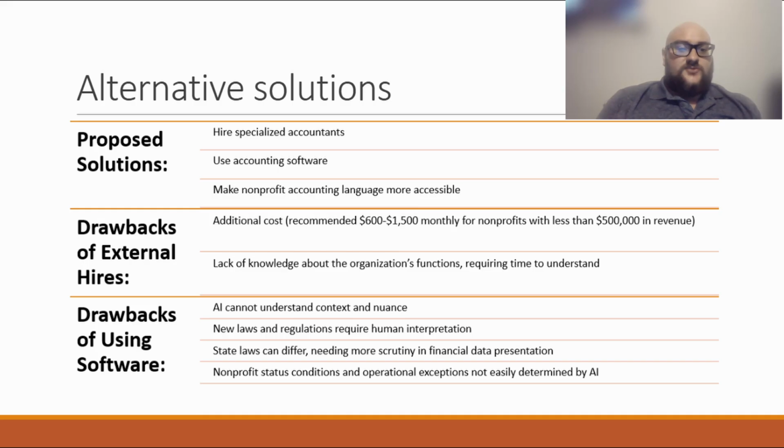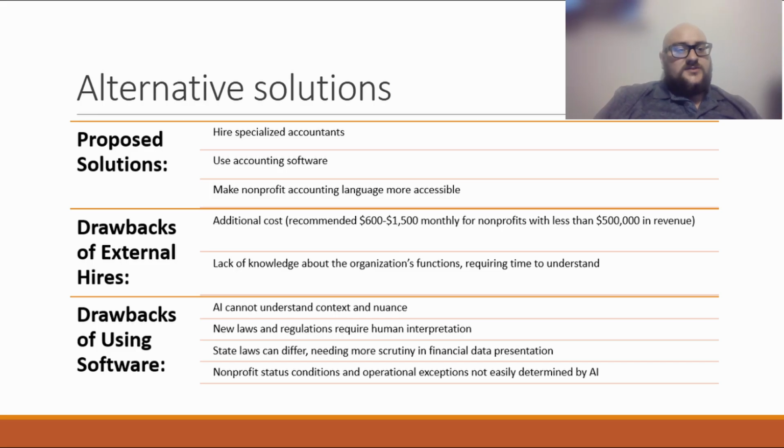The second main drawback when it comes to hiring externally is a lack of knowledge about the organization's functions, requiring more time for these specialized accountants to understand the organization and how it operates.